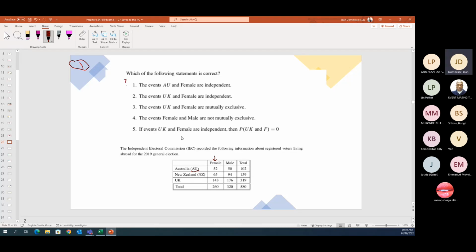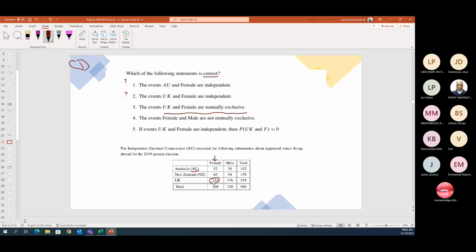Let's skip that one for now and look for the correct one. UK and female: again, we need to work something out. Events UK and female are mutually exclusive.